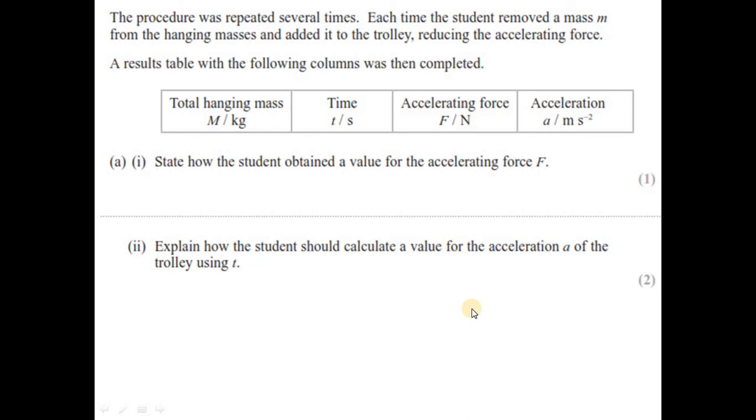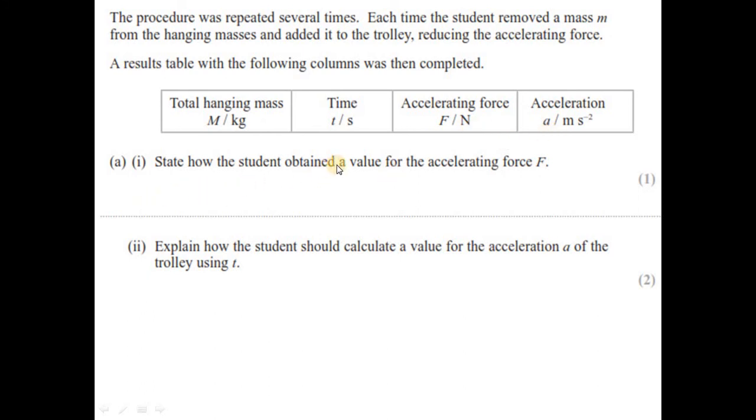The procedure was repeated several times. Each time the student removed a mass m from the hanging masses and added it to the trolley, reducing the accelerating force. A results table with the following columns was then completed: total hanging masses m in kg, time t in seconds, accelerating force, and acceleration.